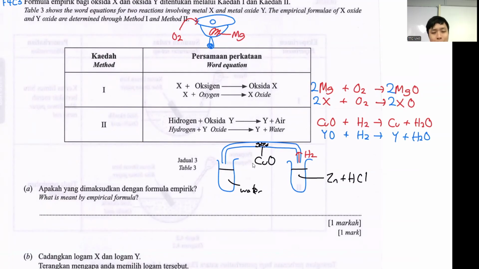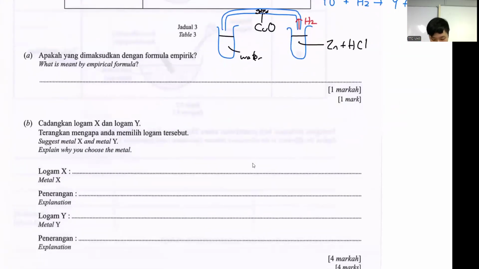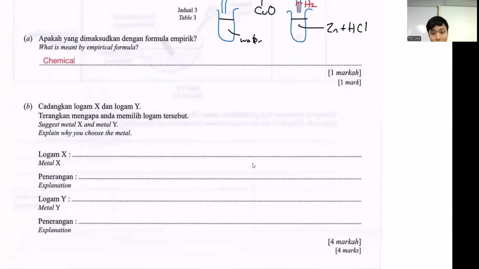What is meant by empirical formula? Simplest whole number ratio. You can start with chemical formula. Chemistry, you have to write the whole thing, right?